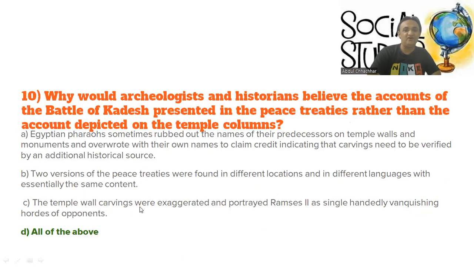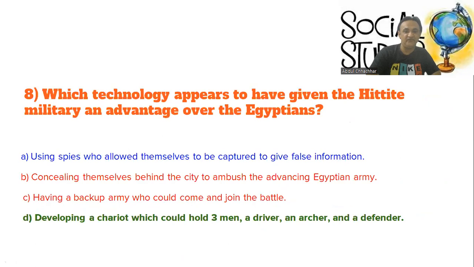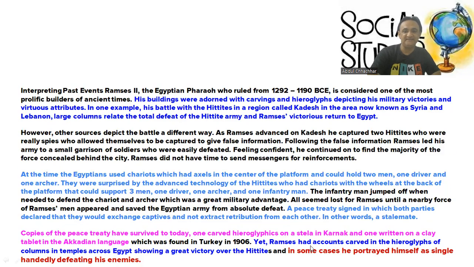The temple wall carving was exaggerated and portrayed Ramesses as single-handedly vanquishing, defeating his enemy.